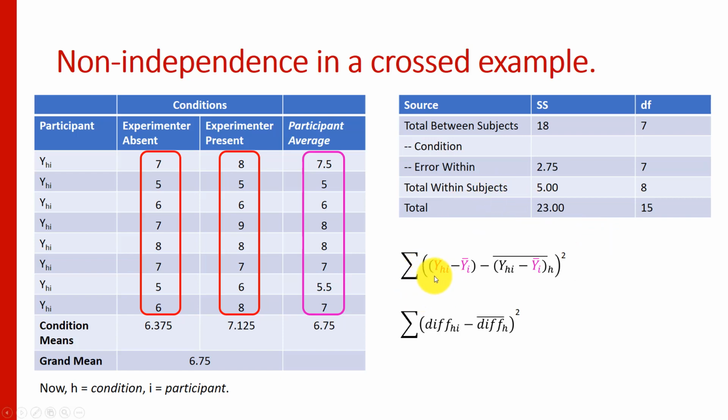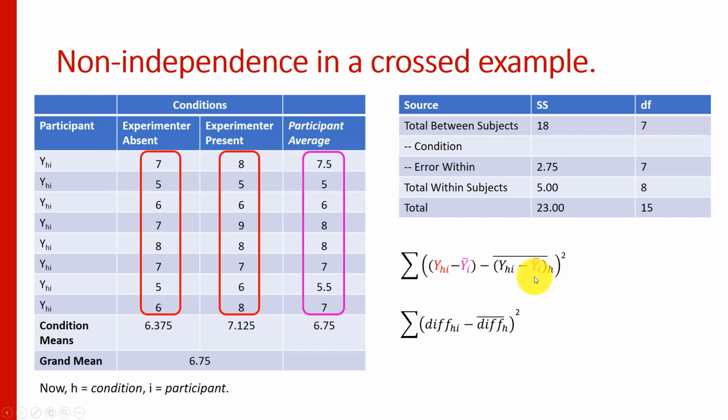What we would formally be doing can be written in 2 different ways, but the first way to look at it is, for each score, we're going to have that score minus the subject's mean, and then we're also going to remove the average difference in that condition. So we're going to have each score minus the mean for each subject, but we're going to average those across conditions.